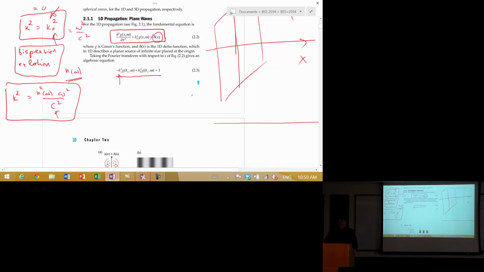The Fourier transform of the delta function is 1. Some of you may remember this, the Dirac delta function. If you have a function that is narrow in one domain, it becomes fat in the other domain. So narrow in the spatial domain becomes fat in the frequency domain, and vice versa.